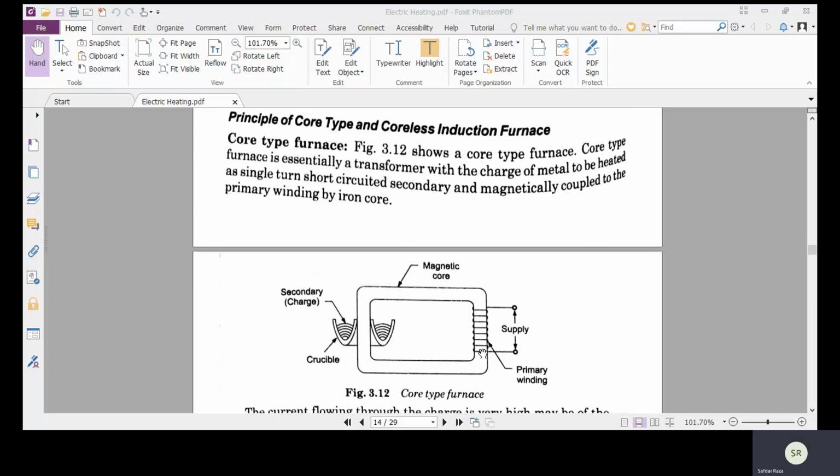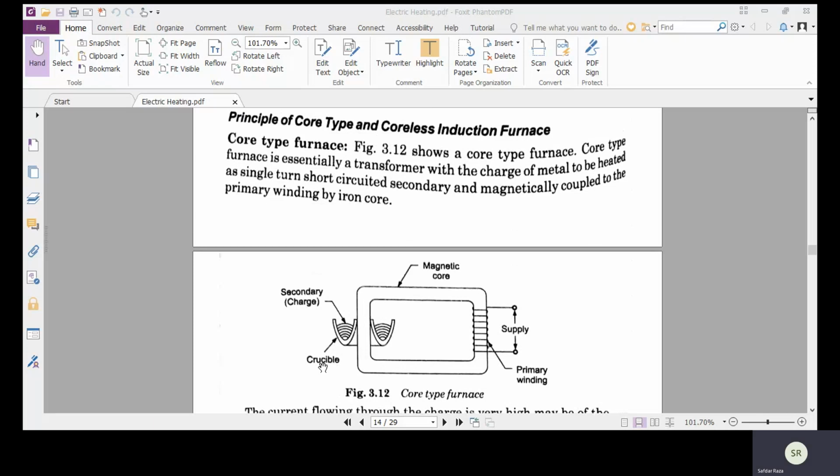In the figure, we can easily see that this is the magnetic core, this is the primary winding, which is connected to the supply, and this is basically a single turn short circuited secondary wherein the charge is placed within the crucible.